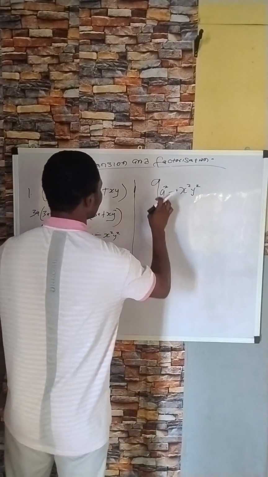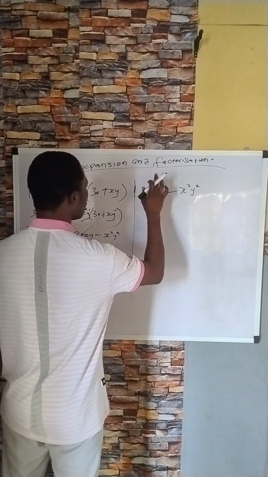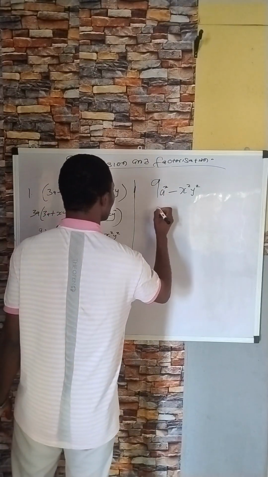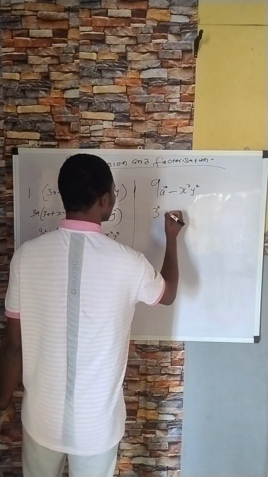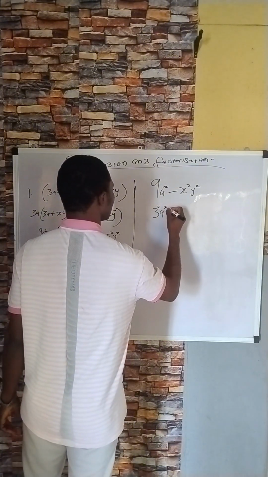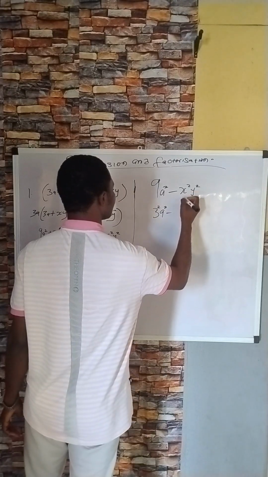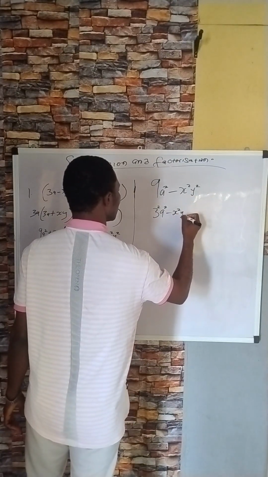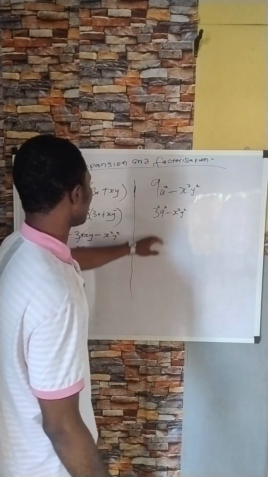So let's apply it here. Let's take the square root of 9. The square root of 9 is 3. So we have 3 squared, a squared minus x squared y squared.